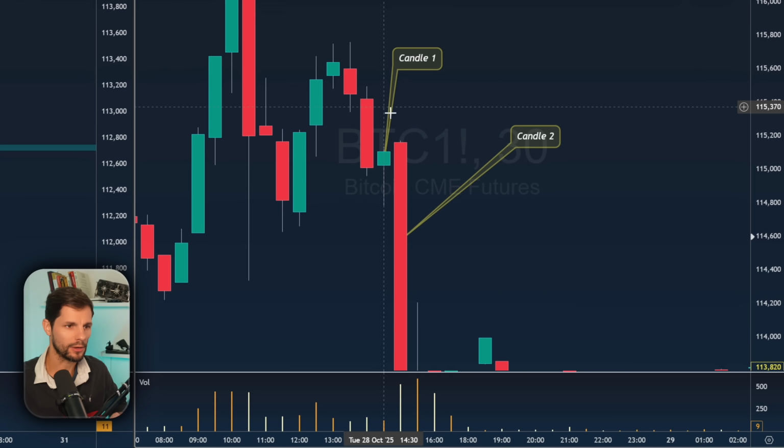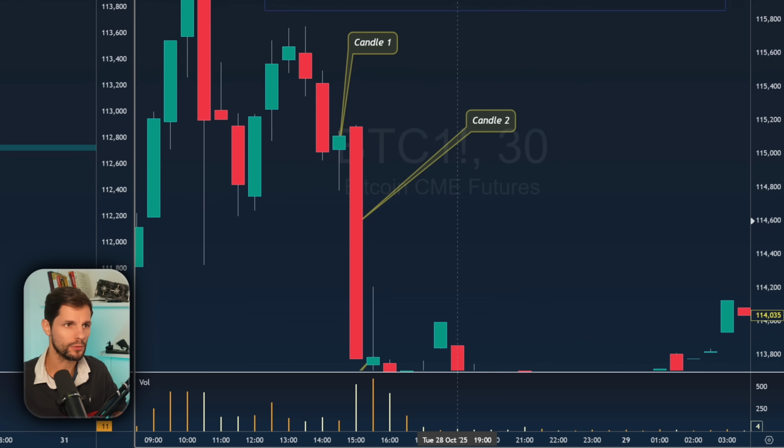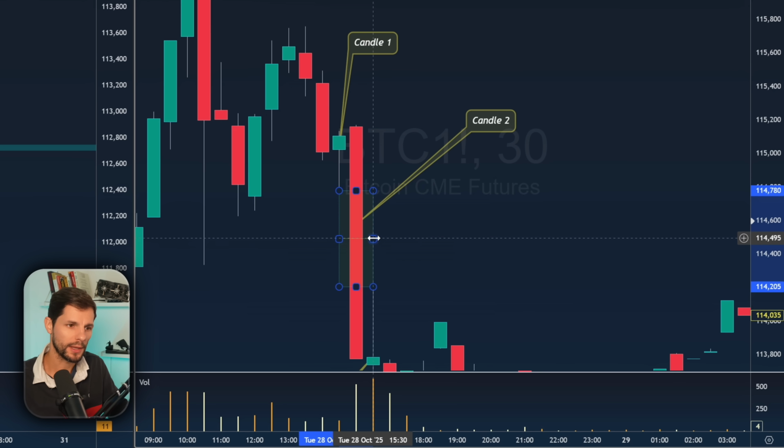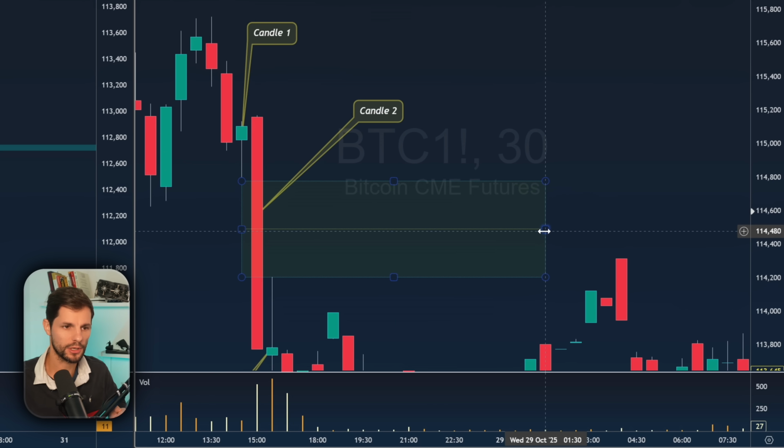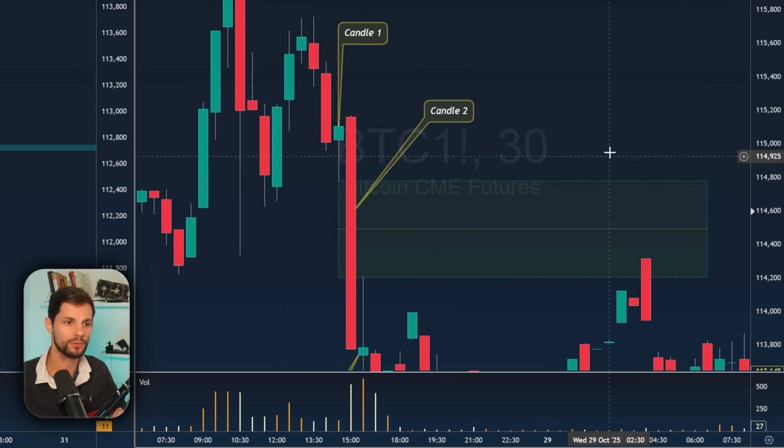So you have candle number 1, candle number 2, and then candle number 3. We want to then choose, you can choose a Fibonacci, just split the range, or you can choose a box. Many people use the box. So let's go between the low of candle number 1 and the high of candle number 3, and then you can just extend this forward until current price and just wait for that price to revisit.